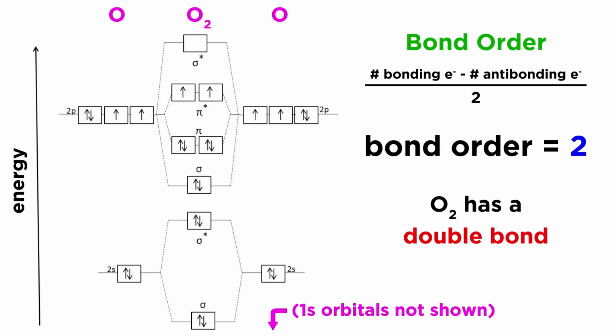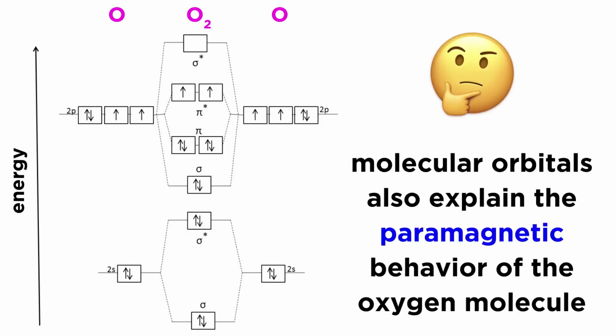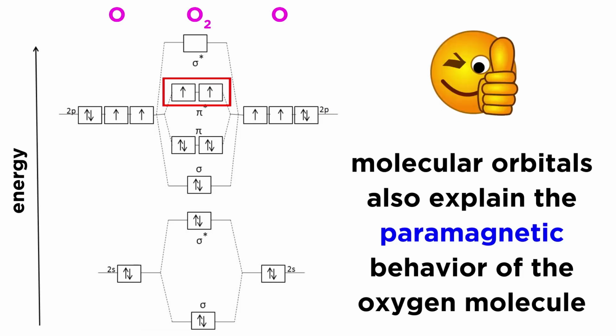This explains the double bond in diatomic oxygen. But we also get an explanation for the paramagnetism of the oxygen molecule. We have 2 unpaired electrons in these antibonding orbitals, which does predict paramagnetism for this molecule. This is an example of the success of molecular orbital theory, as no other theory can account for this behavior.